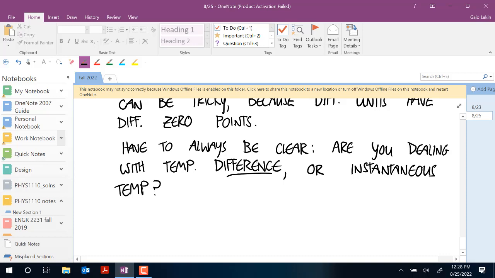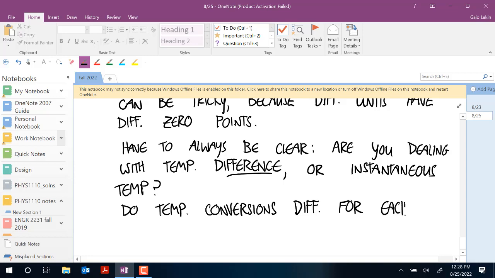Because unit conversions are different depending on which one of those you're dealing with. You approach them differently. So you do temperature conversions differently for each of those cases.